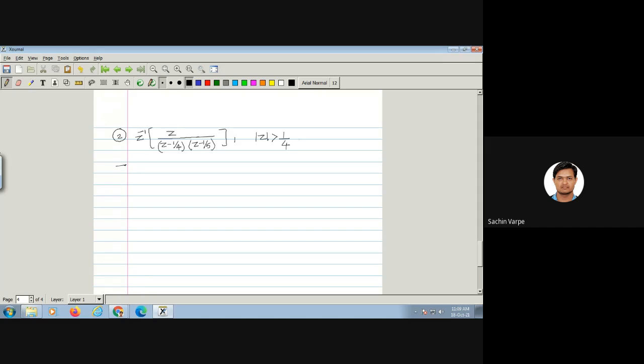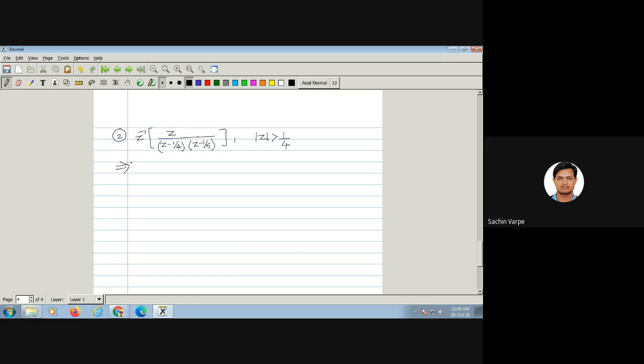Chalo, everyone should try this and tell me the answer. Write your answers in chat box. It's 11:09 now. I'm giving you 3 minutes. It's very easy. Just separate the two factors.